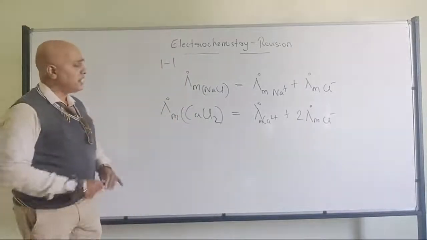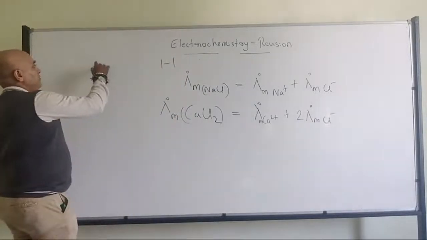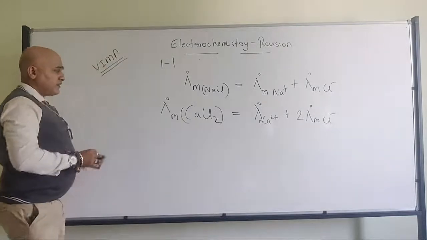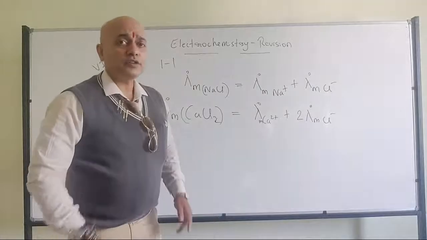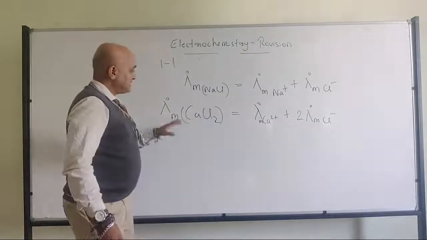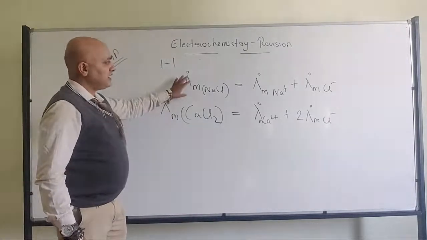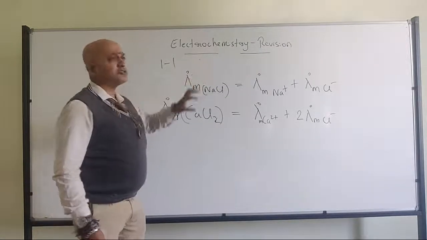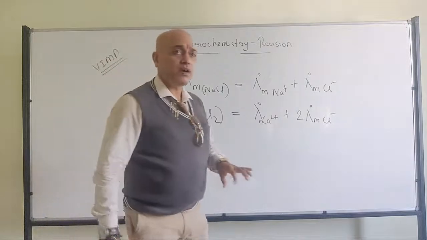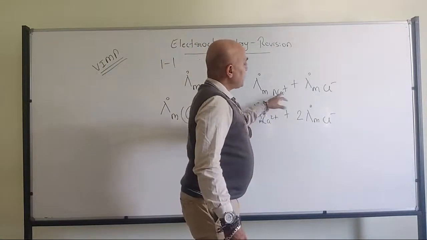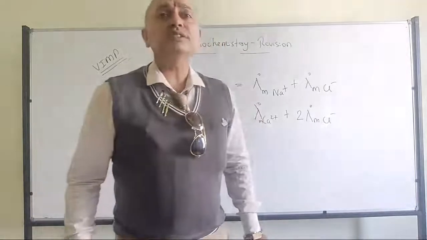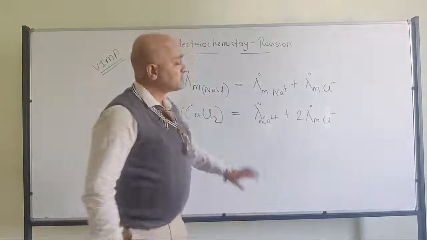So I am now talking about a very, very important concept, that is Kohlrausch's law. Okay? So what does Kohlrausch's law talk about? It tells that for a particular electrolyte, the limiting molar conductivity of that electrolyte will be the sum of the limiting molar conductivities of the individual ions which will be released by those electrolytes. So that's the example I have taken.